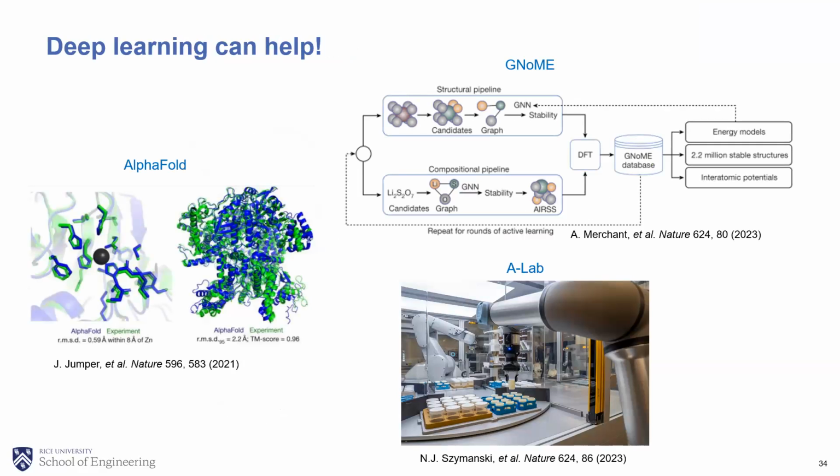For example, GNoME, which is a deep learning neural network, can predict as many as 2.2 million stable structures. In addition, with the help of a robot, it can successfully synthesize 41 types of materials within 17 days. So for sample growth, we all know this is a very efficient growth process.